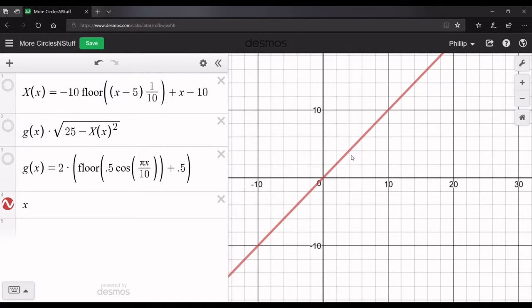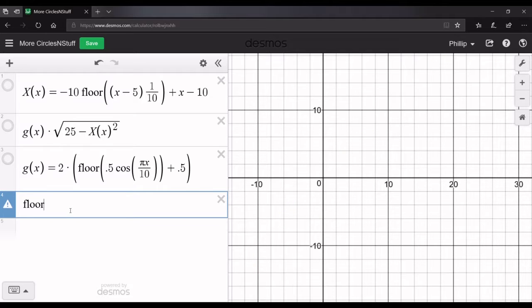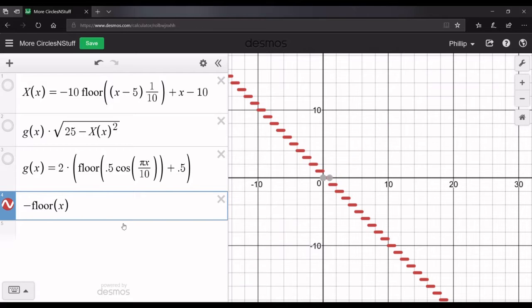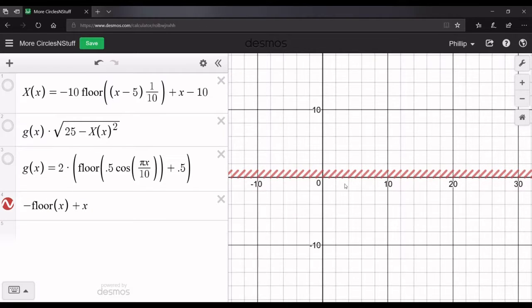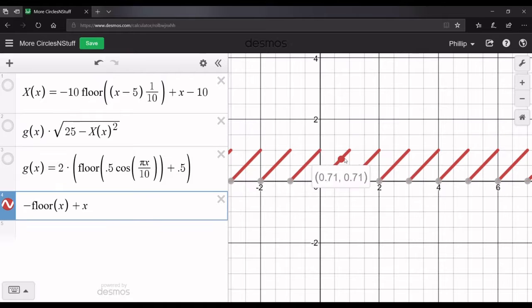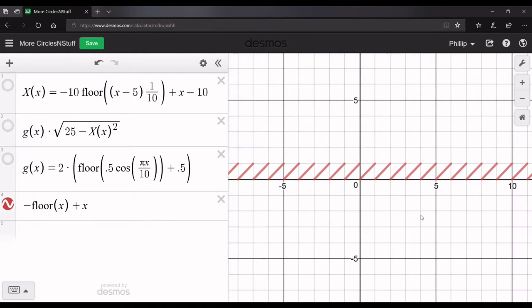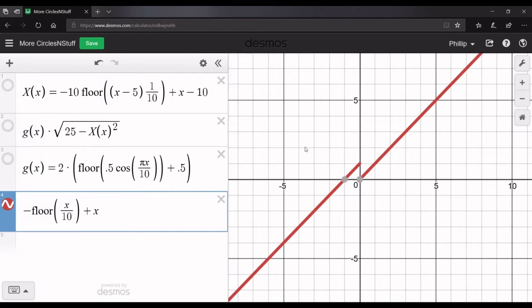So I was thinking about how to go about doing that. So I thought, well, what if I just start with the floor function, and then I make it negative, and I add it to x, and then I get all these little x's that stay in one place, which is kind of basically what I want. So I just needed to manipulate this into a form that I could use.